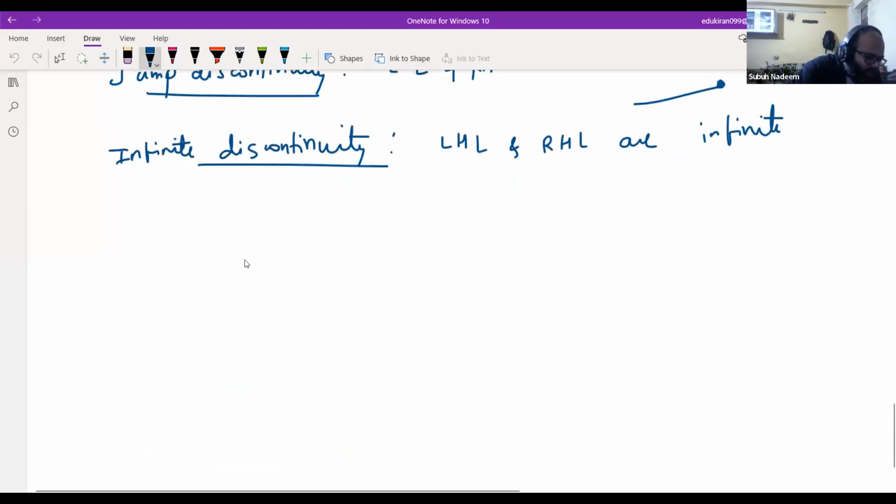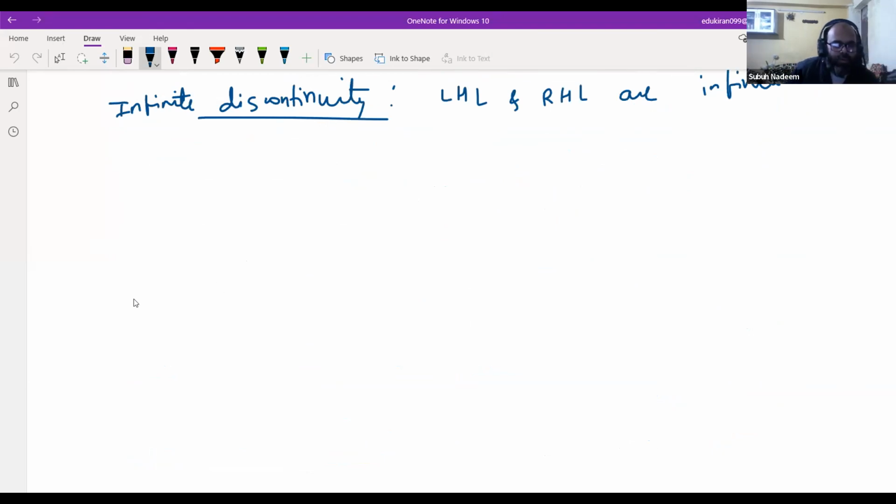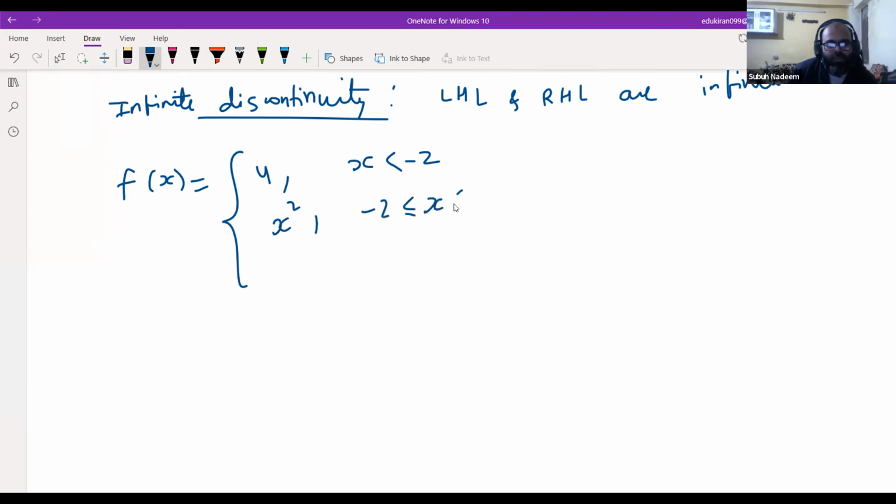So in this one, it is given as f of x is equal to 4 if x is less than minus 2, x square if x is between minus 2 and 3, and x if x is greater than or equal to 3. So if you see here, the left hand limit at x is equal to minus 2 is 4.